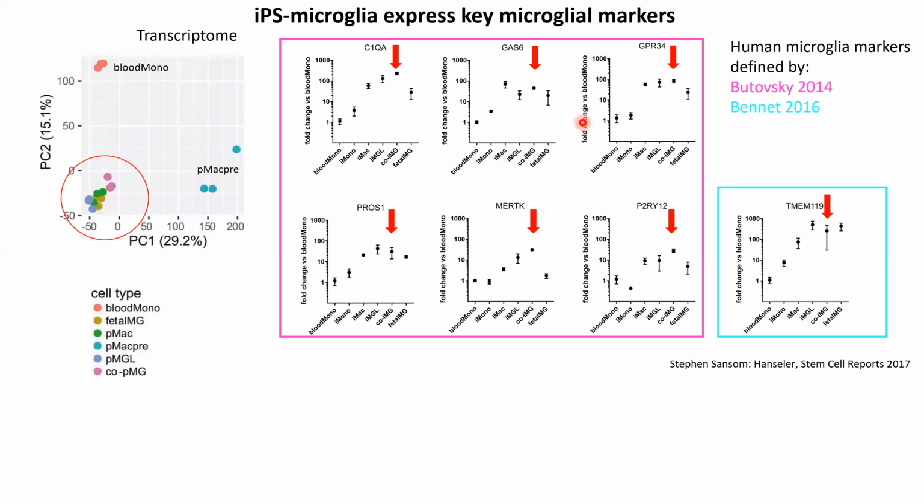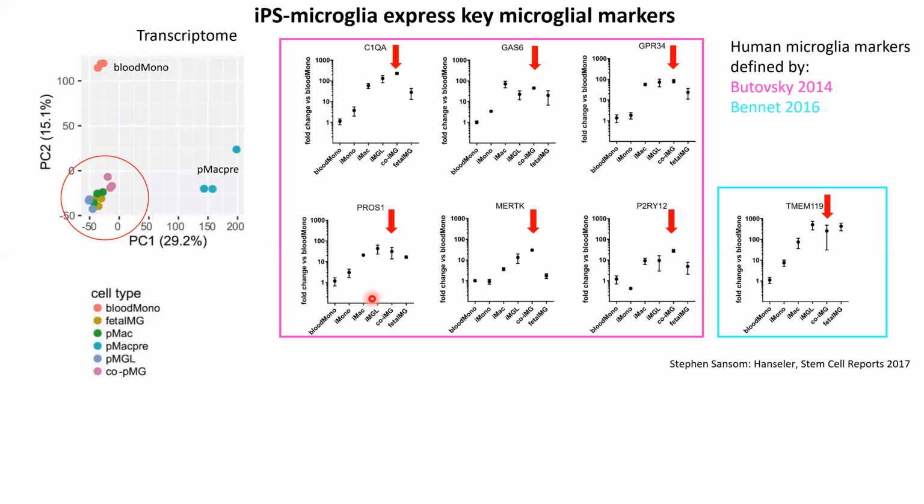When we look at the most common set of human microglia markers, as defined by Butowski and also by Bennett, on each of these graphs we have blood monocytes on the left-hand side and fetal microglia on the right-hand side, with cells progressively more skewed towards being microglia across the middle. As the cells are skewed more and more to being microglia-like, they increase their expression of all of these core microglial markers.